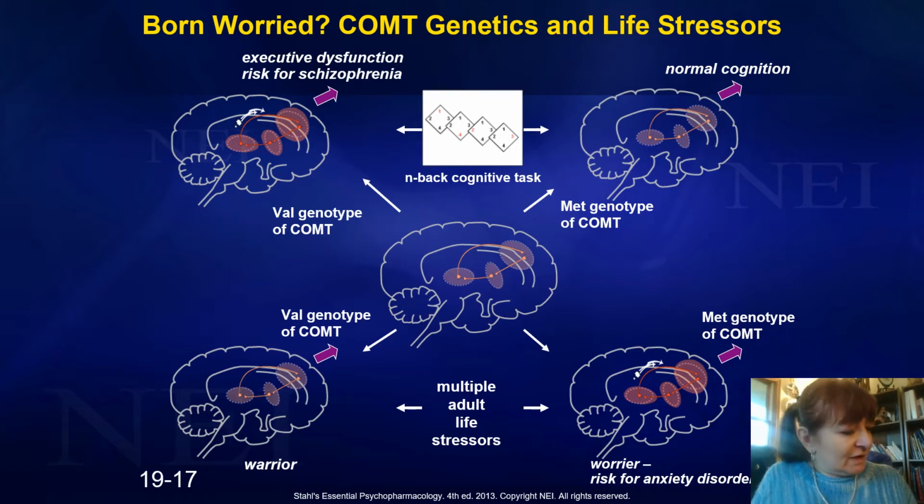Again, if you have the MET variant, these folks have lower levels of COMT. Therefore, not as much dopamine is broken down, and they are expected to have better cognitive functioning. However, if there's a lot of stress, there's too much dopamine stimulating, and that will result in anxiety.